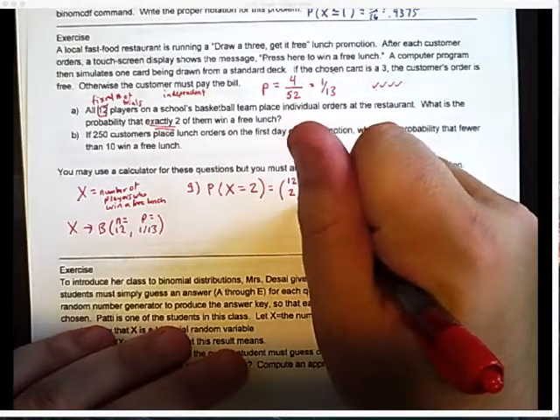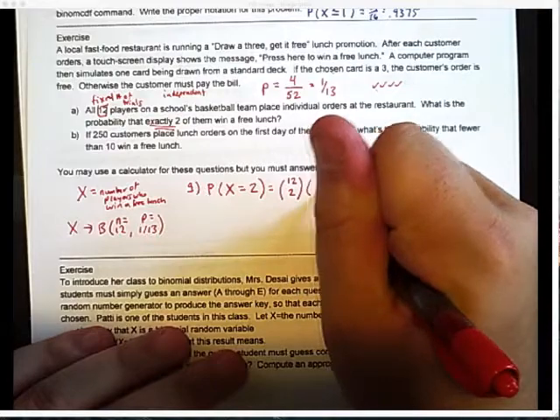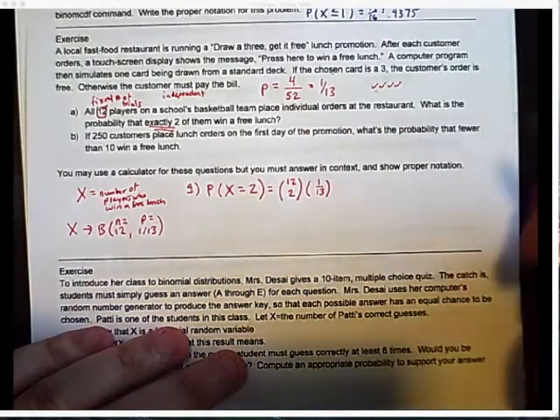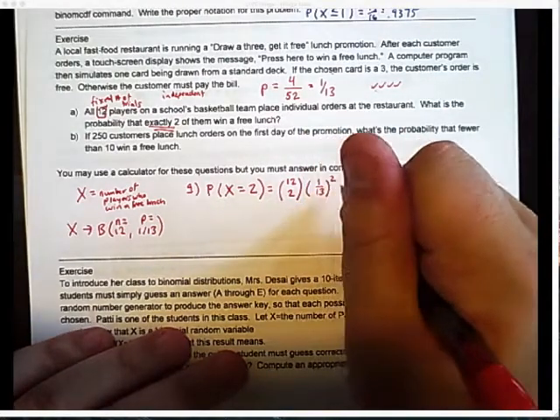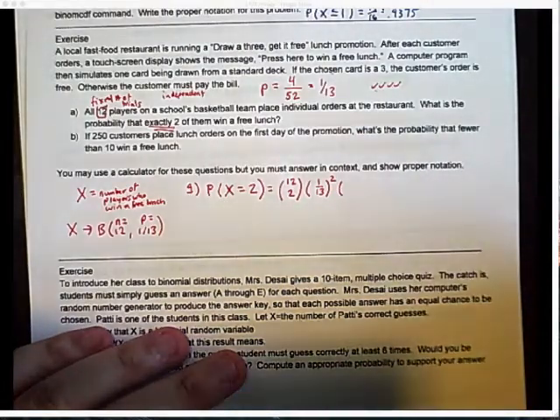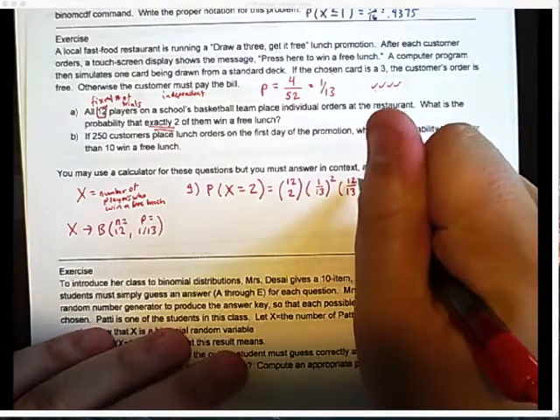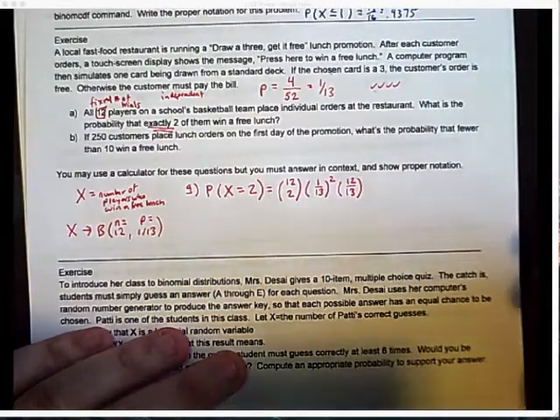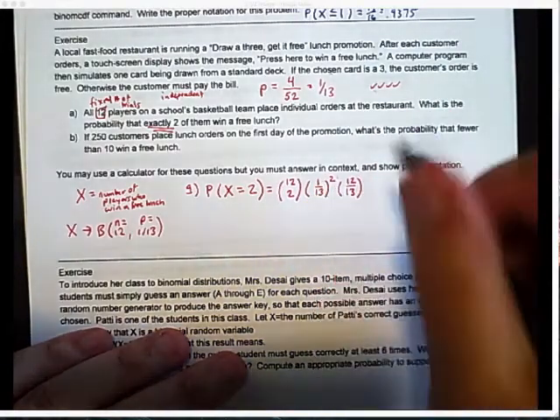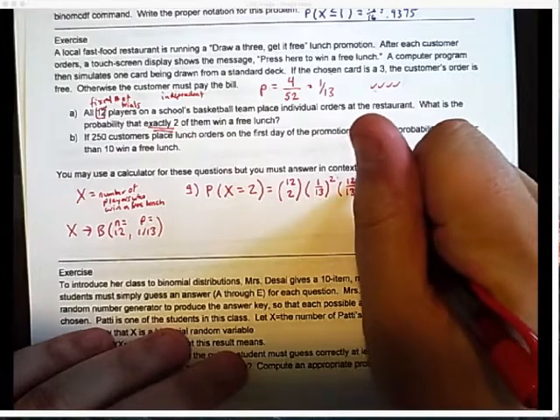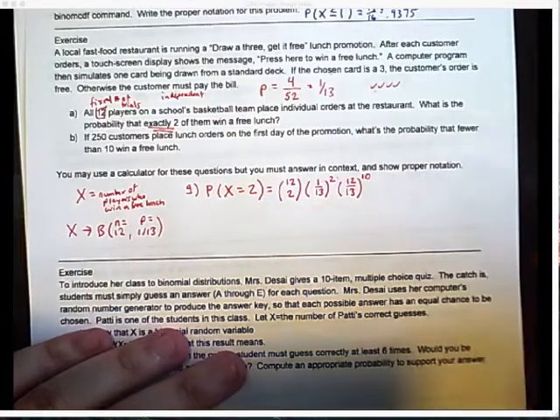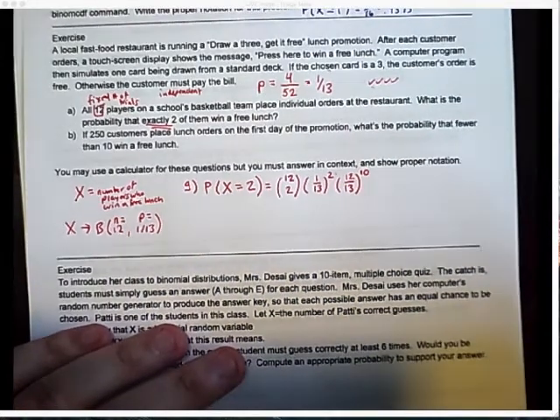Times, what's the probability of getting a success? 1/13. How many players got a success? 2. What's the chances of getting a failure? Well, if 1/13 is the chance of success, 12/13 is the chance of failure. And if 2 people got a free lunch, that means that 10 of the players did not get a free lunch.